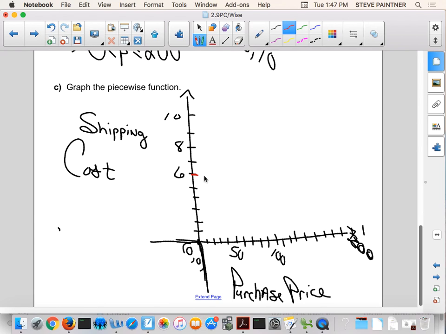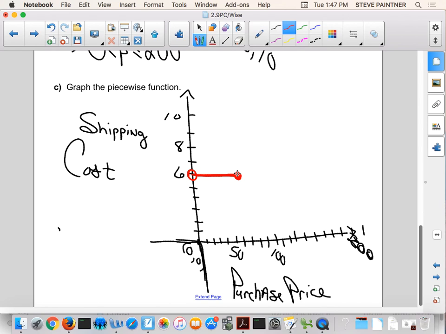So right here, 0 to 50, that's your cost. Now, which side has an open and which side has the closed? Opens on the left, closes on the right. Would you agree $50 will charge? They're going to charge you $6, right? If you are not going to spend $0 and get charged $6, it doesn't work.